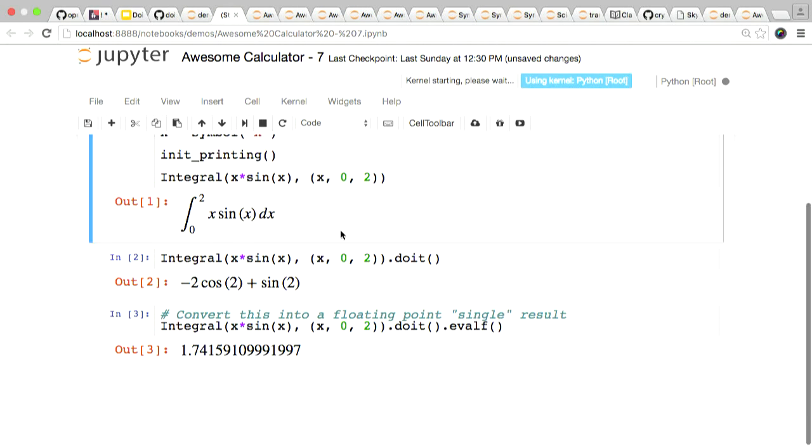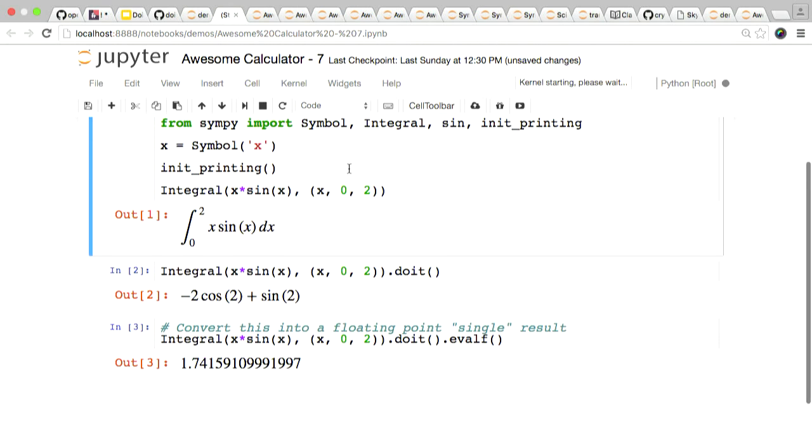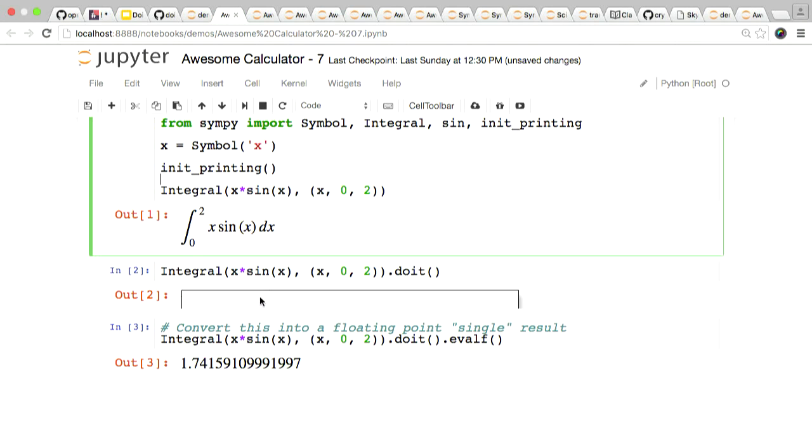This is how we do definite integration. The first is the function itself, and then we specify the variable and its limits. So this is a tuple. I'm specifying here basically this written in a form that Python understands. And again, doit function, it creates this. Sometimes friendly features become unfriendly.